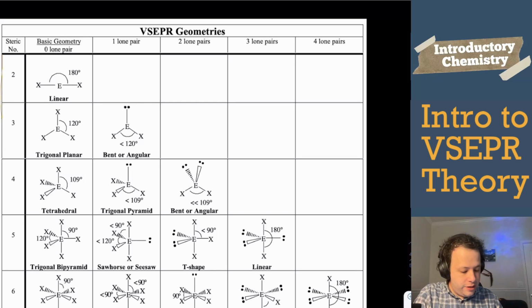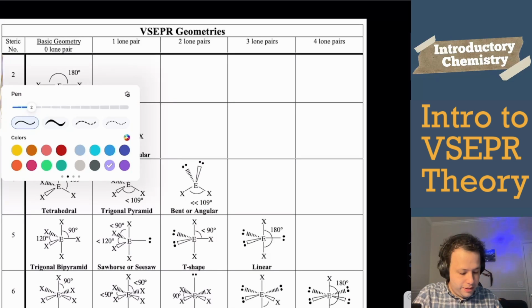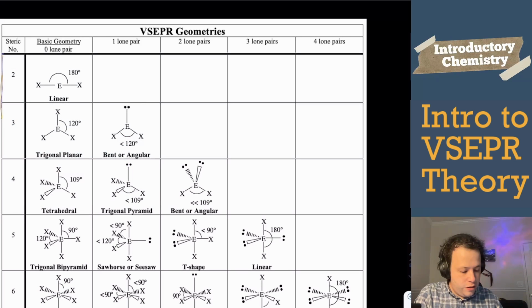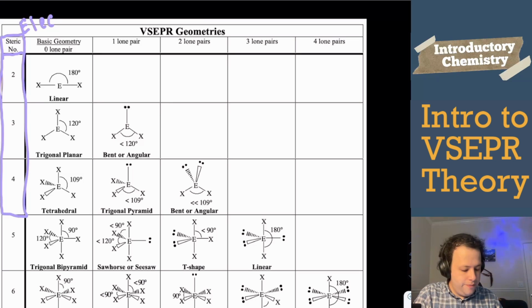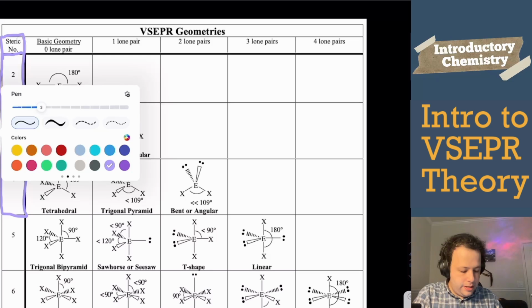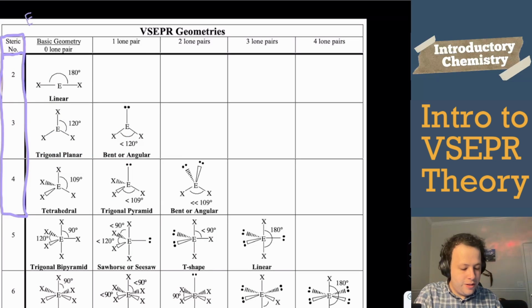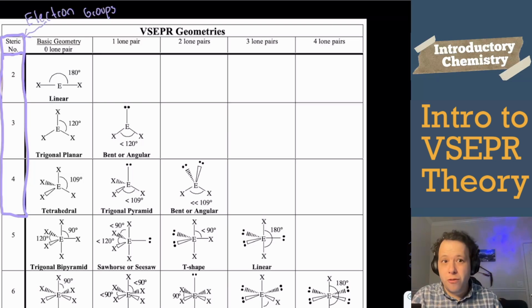What this refers to is steric number, which is the same thing as saying electron groups. So that is your first thing you're going to be counting: how many electron groups there are.